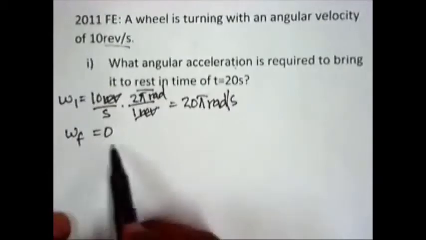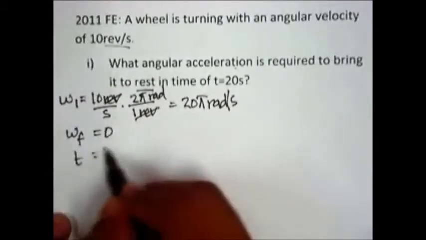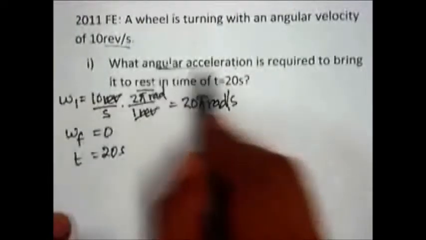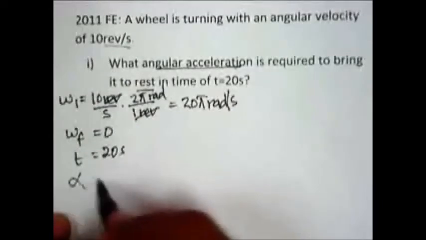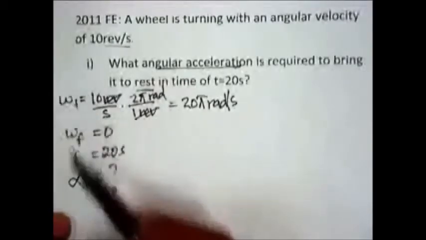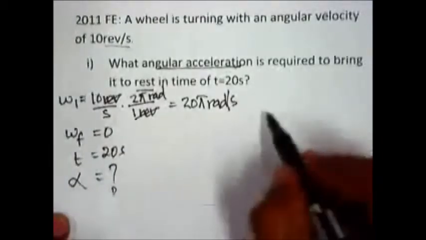Your final velocity is 0. You know that your time is equal to 20 seconds, and you need to find the angular acceleration, so you need to find what your alpha is equal to. So looking at the three equations of motion, which has all 4 of these quantities?